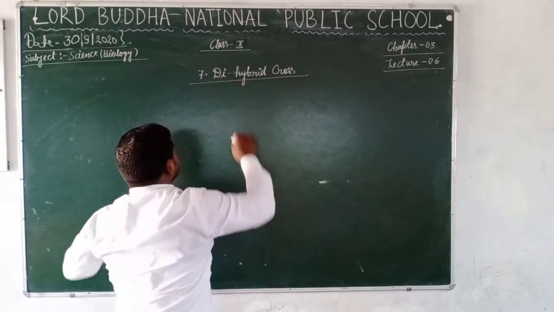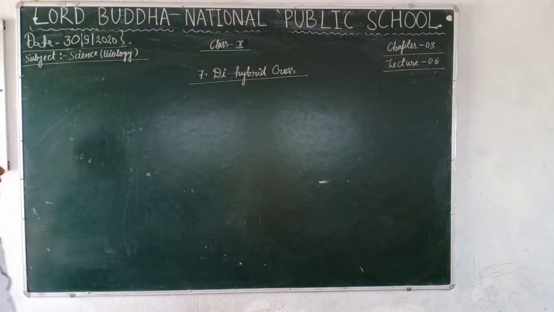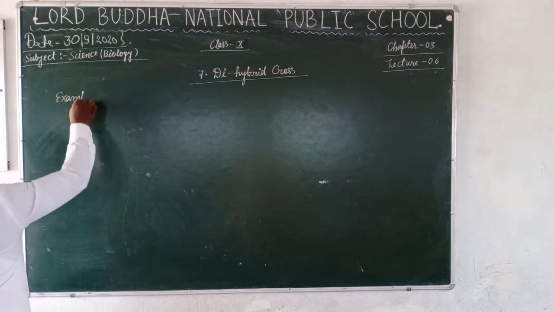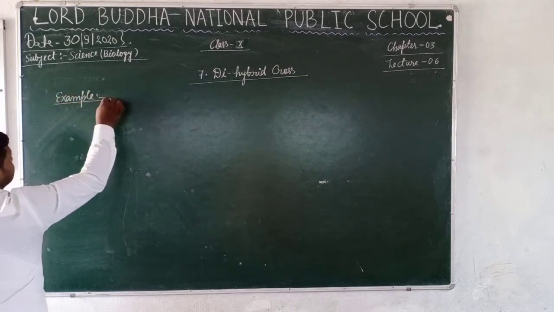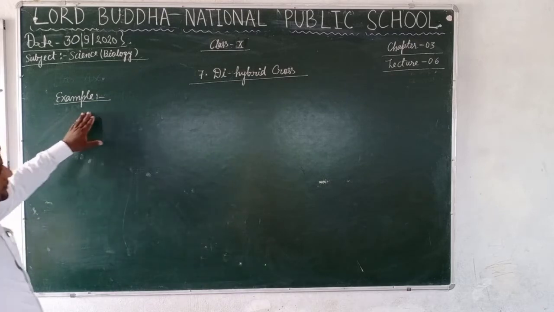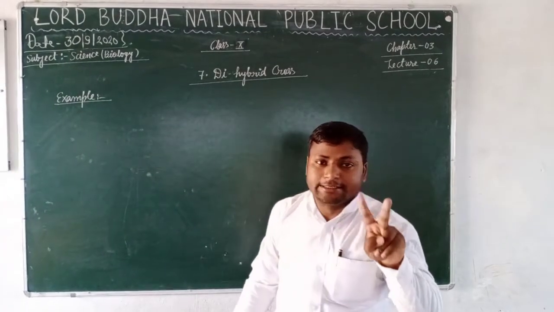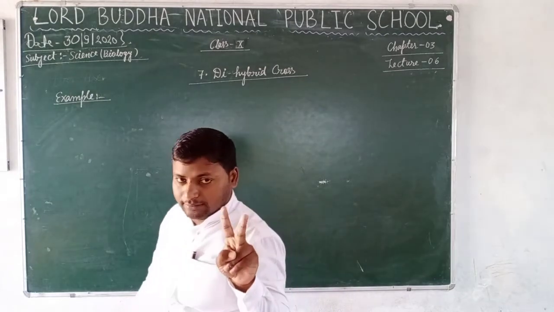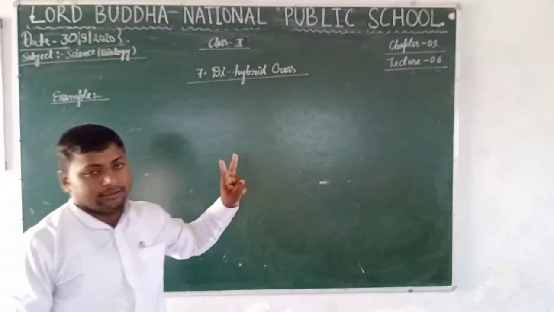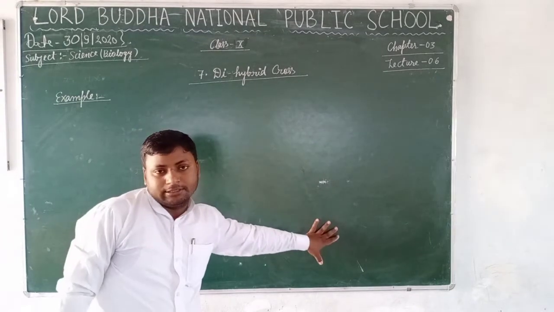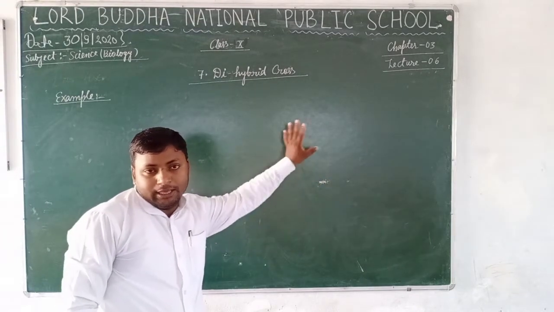Students, I am going to take an example to define the dihybrid cross quite well. Here I am going to take two contrasting pairs of alleles, and after that we carry out the process of cross hybridization with the help of a chart.